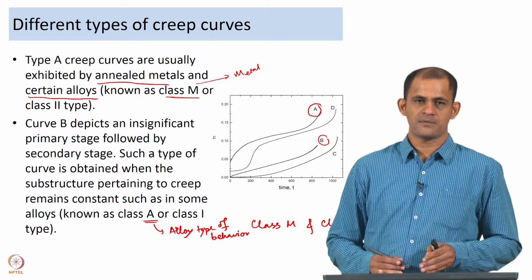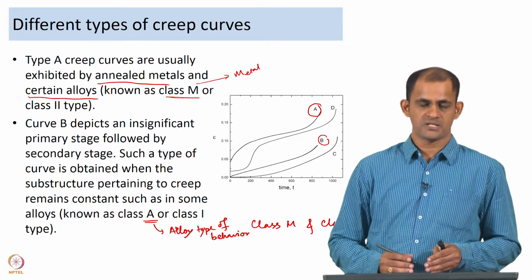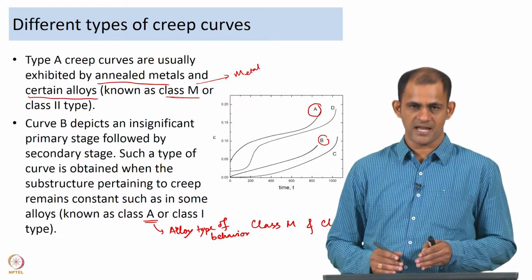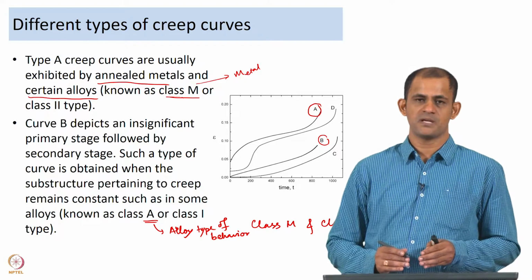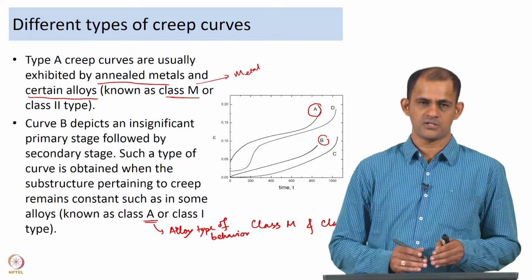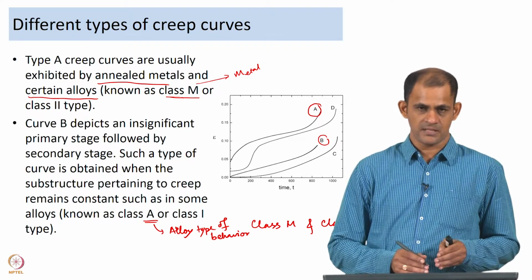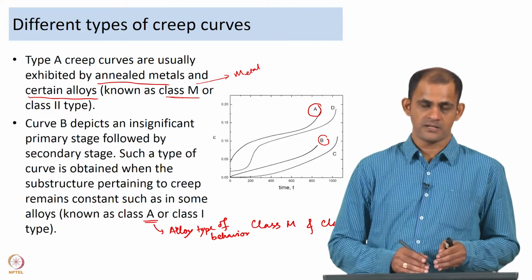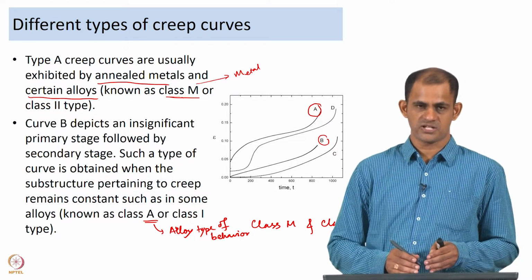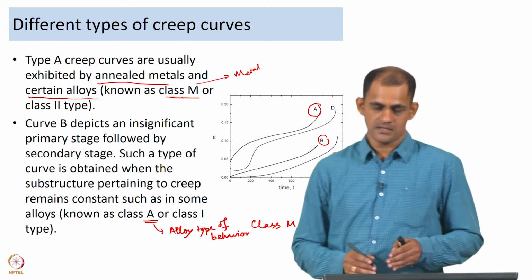So, during the primary creep stage you have a substructure that is evolving, but if the substructure stays constant, or if it stabilizes very quickly, then your primary creep stage is also going to come down. That is what is happening in type B, where the substructure is more or less constant right from the beginning, and that is why your primary creep stage is small.